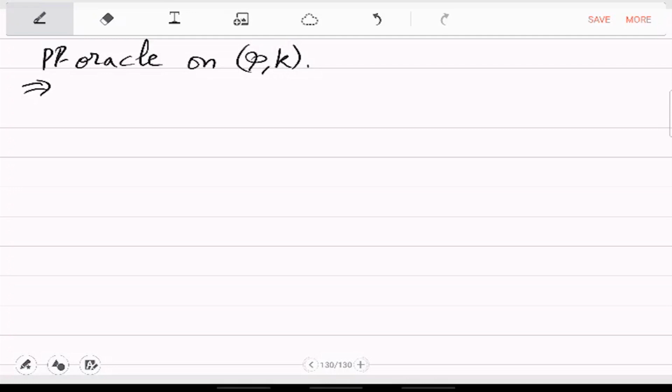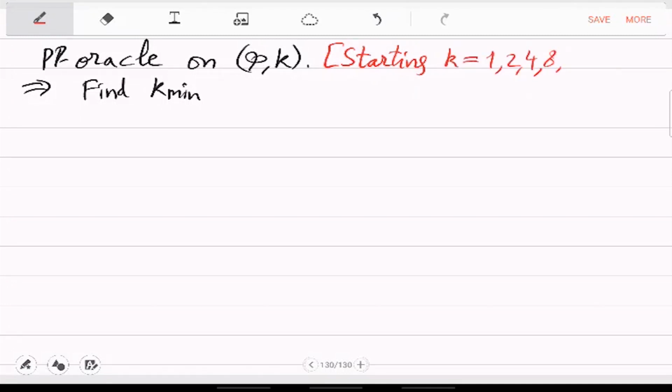So find k min, starting with k to be 1, then 2, then 4, then 8, and ultimately k maximum can be 2 raised to n. Right? Try all these n plus 1 possibilities.